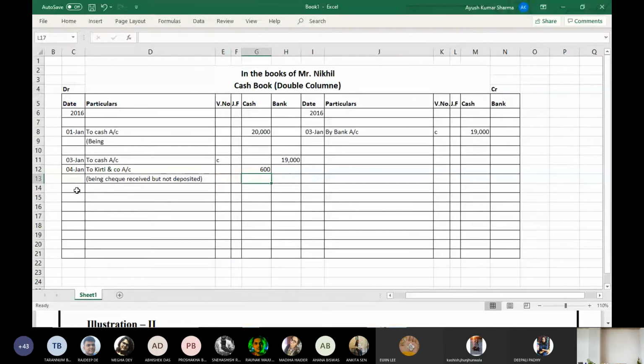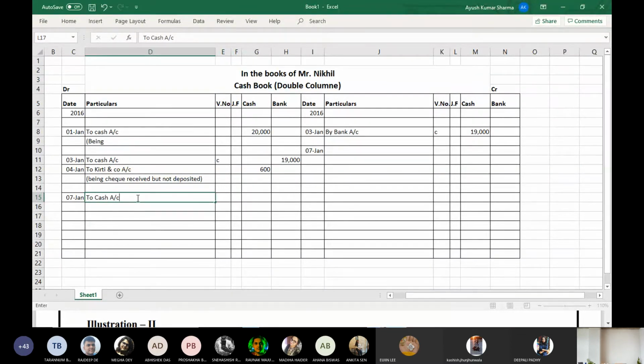On the next day, that is on 7th, there will be a contra entry again. Actually, there are two concepts. One says that when you receive a check but don't deposit it to the bank on the same day, on the date of receipt we should treat the check as cash, like we have received cash from a party.